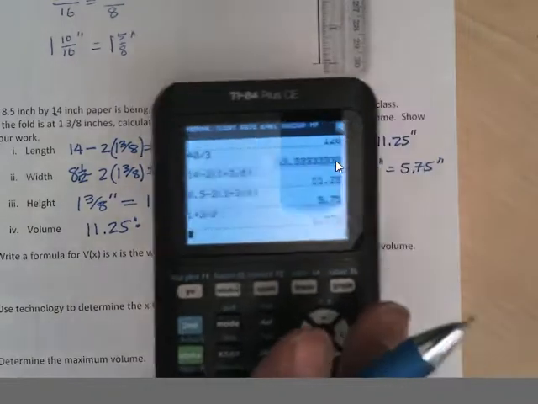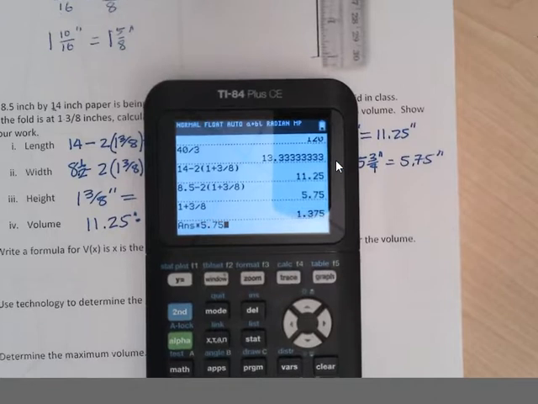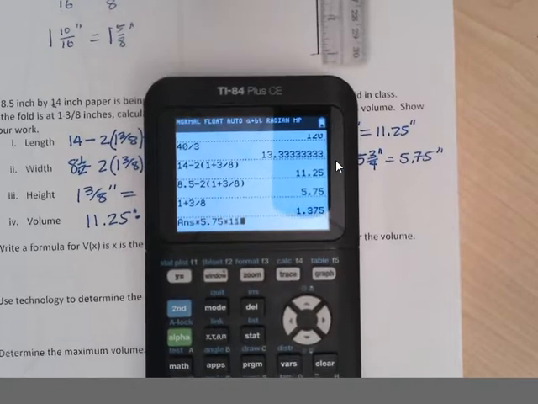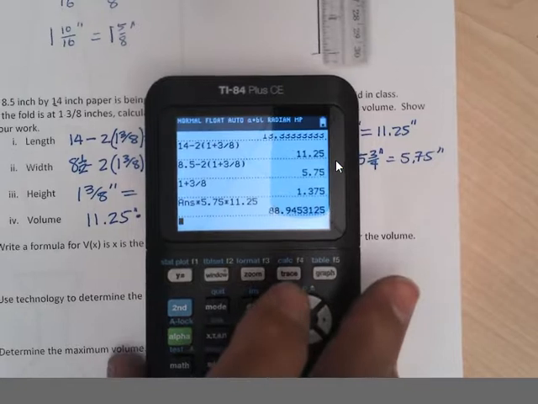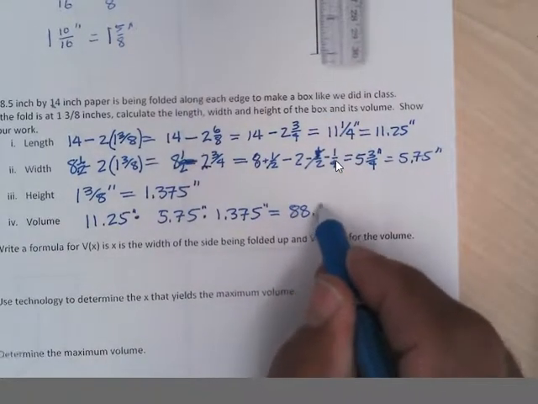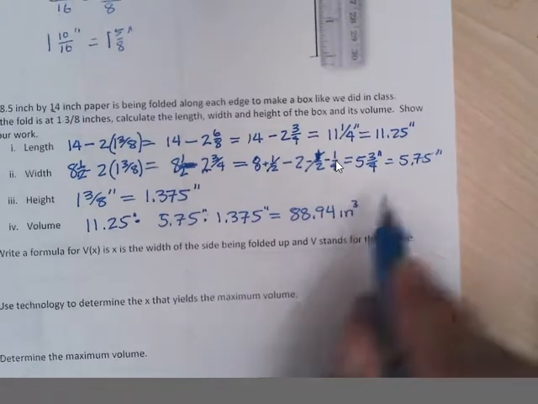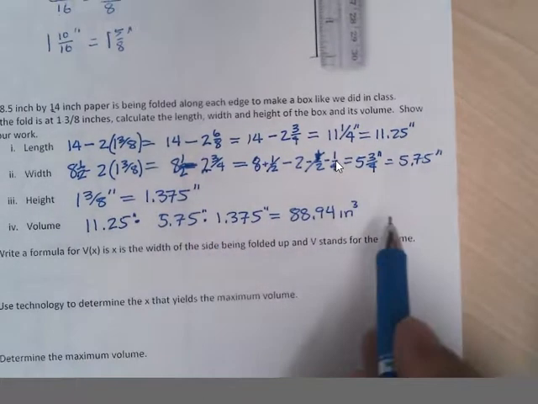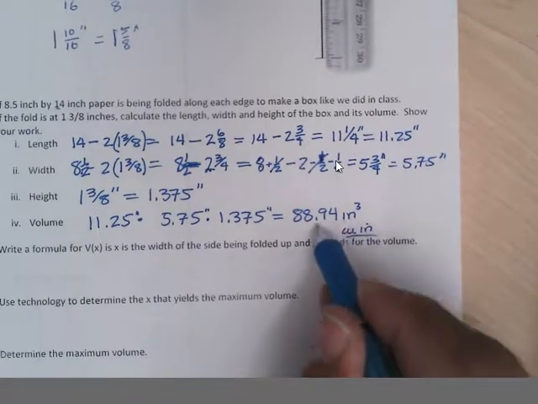Inches to the third. So I got 1.375 times 5.75 times 11.25, and I got 88.94 inches cubed. Inches times inches times inches, inches to the third, or you can say cubic inches. Either way.